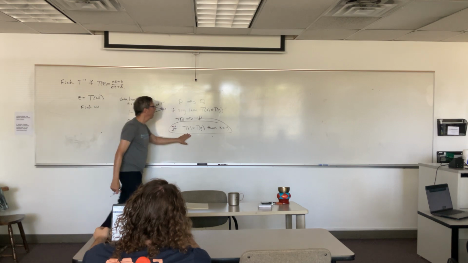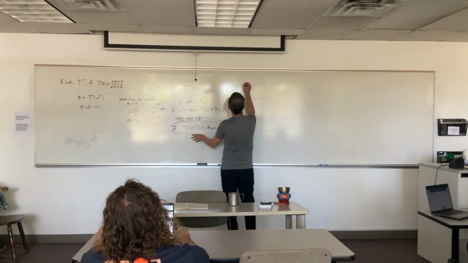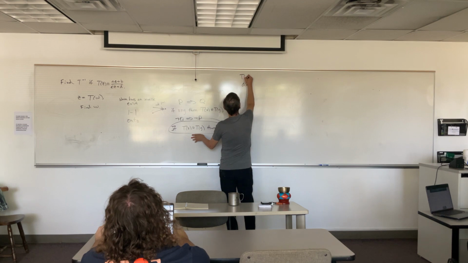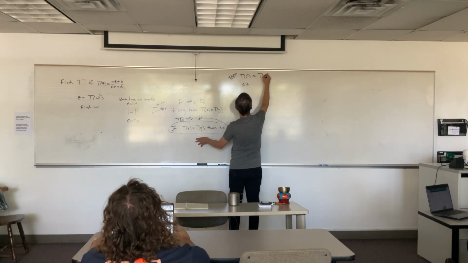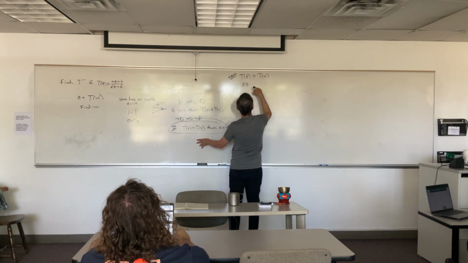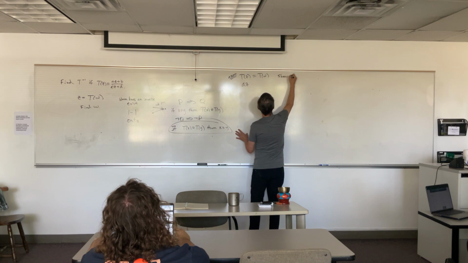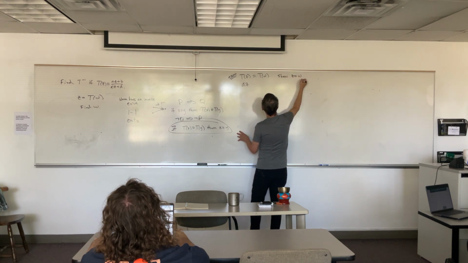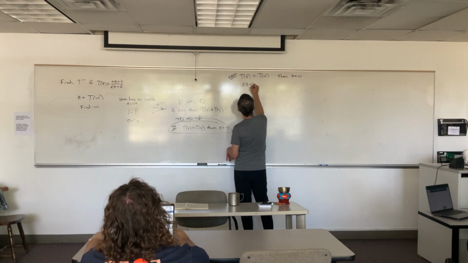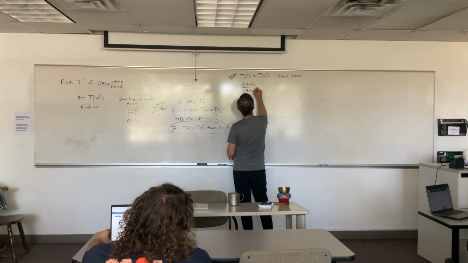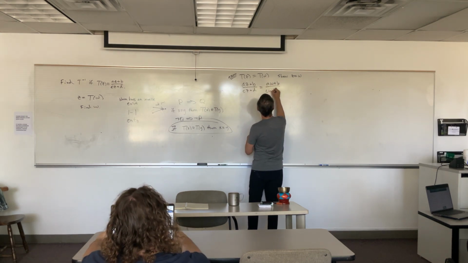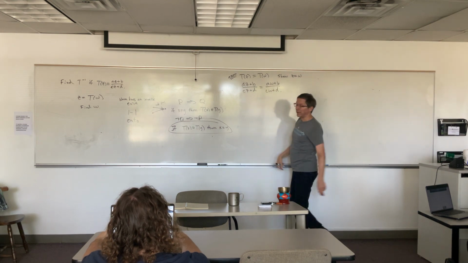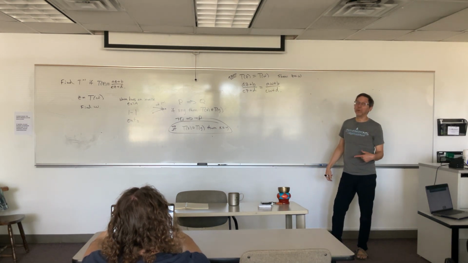But what you can do here is you can start with T of z, so assume this, and you're gonna wanna do this for a very good reason. Assume this and show that that means z equals w. So you're gonna do this, and then you're gonna show that that means z has to equal w.